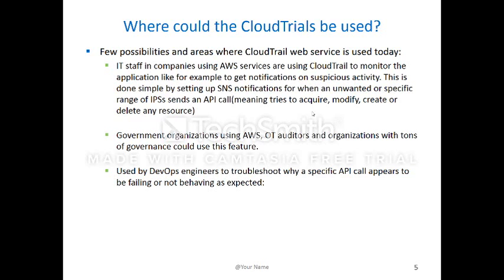Or say a government organization using AWS, or IT auditors and organizations with tons of governance could use this feature too. It is also used by DevOps engineers to troubleshoot why a specific API call appears to be failing or not behaving as expected. So these are a few areas where we can see CloudTrail being required or used.